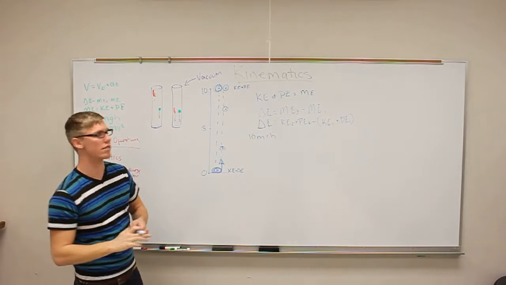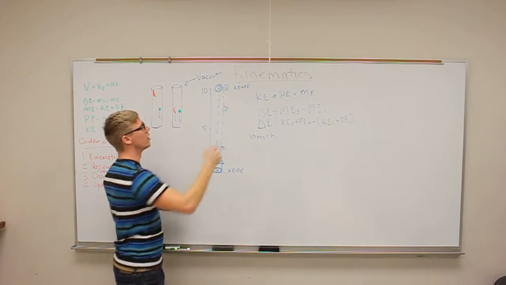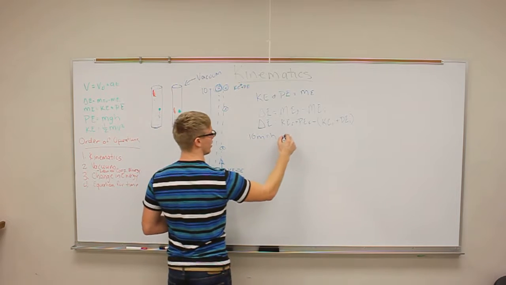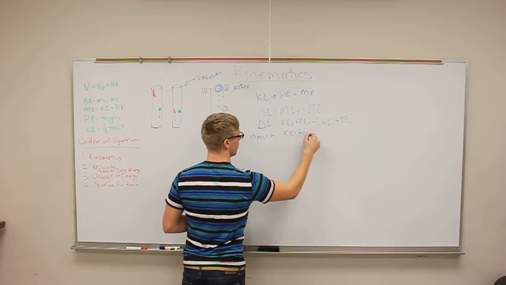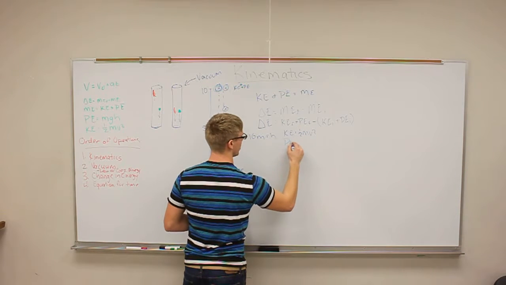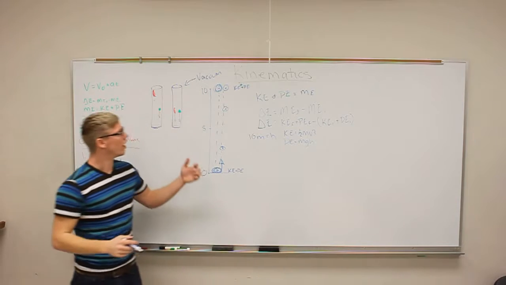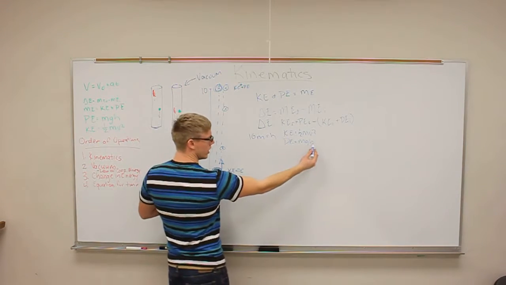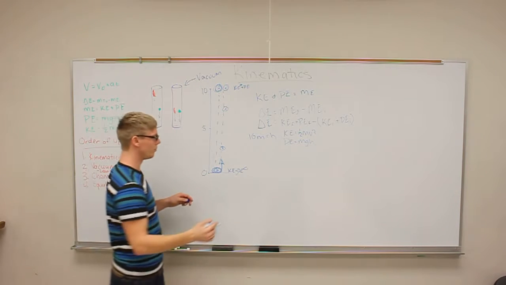If you look at this, at the very top at 10 meters, the ball is not moving. Therefore, the kinetic energy is 0, because kinetic energy equals 1/2 mv squared, and potential energy equals mgh. Down at the bottom, there's no height, so potential energy would have to equal 0 as well.